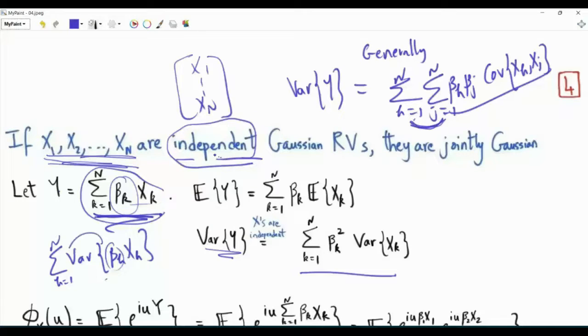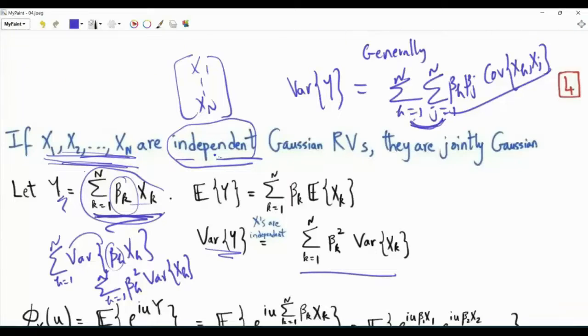Beta k is a constant, so we take it outside the variance as beta k squared, and then we have the variance of xk. So this is the first moment, and this is the variance of y. We do not know yet what y is in terms of distribution. If we can show that it is Gaussian regardless of the betas, then indeed, the x's are jointly Gaussian.